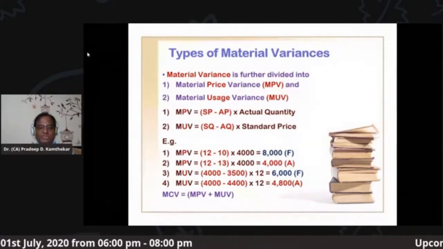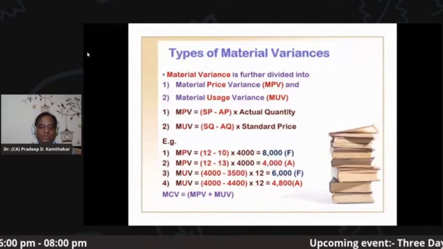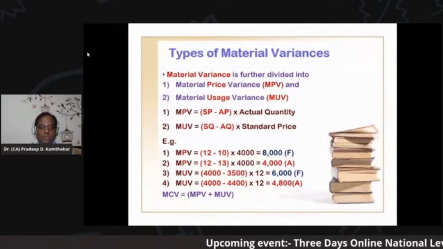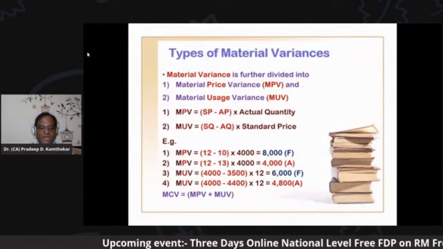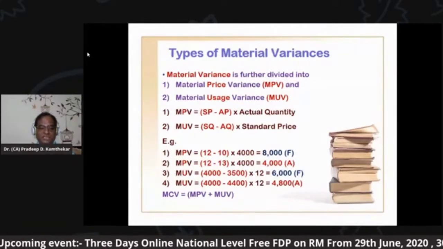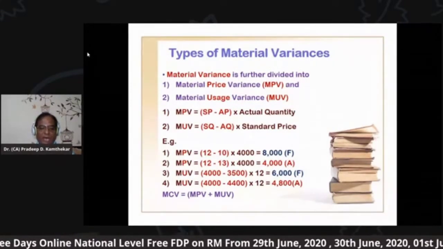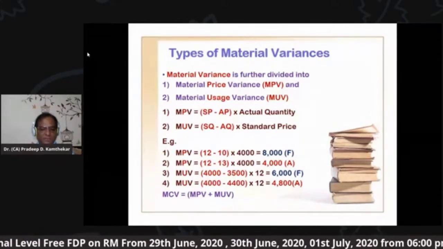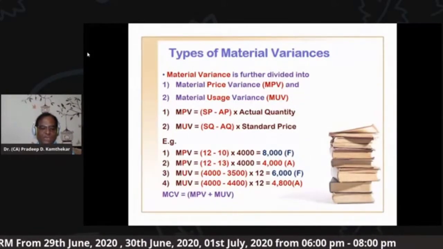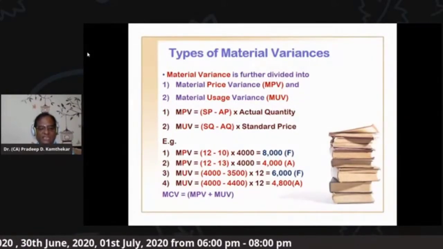From that word usage, you will understand it has to do with the number of units, the quantity of the material utilized in the production process. So how much quantity was to be used? That is the standard quantity. And what is the actual quantity used? That is the actual quantity.